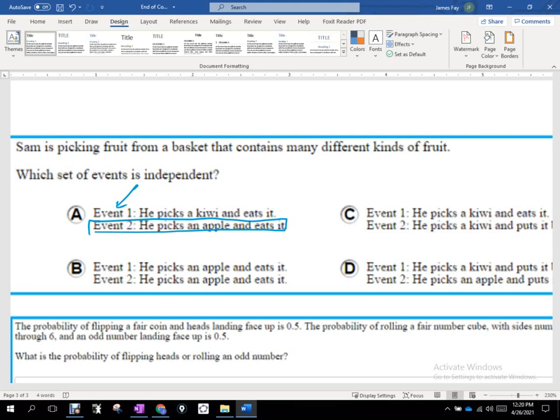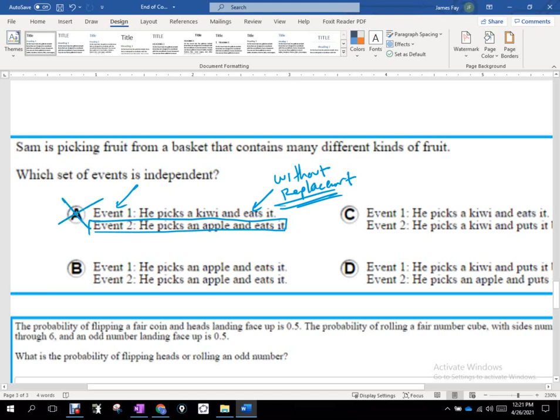So are those independent? No, those are dependent. So when I eat it, that's saying without replacement. And when you have without replacement, you're keeping it in your pocket or you're consuming it or you're just taking it out of the sample space. So then it impacts the sample space for event 2. So these are dependent, so not option A.